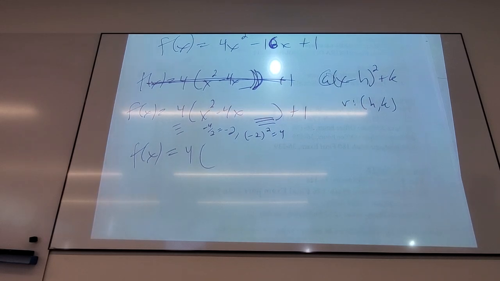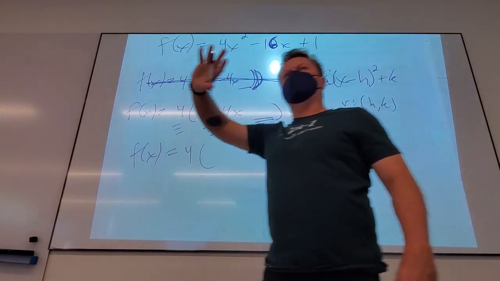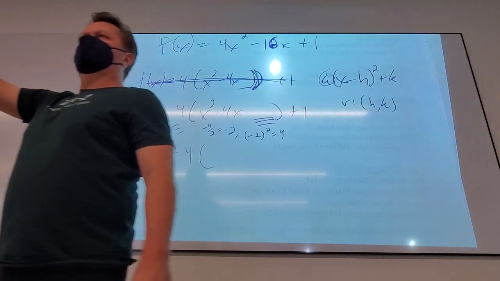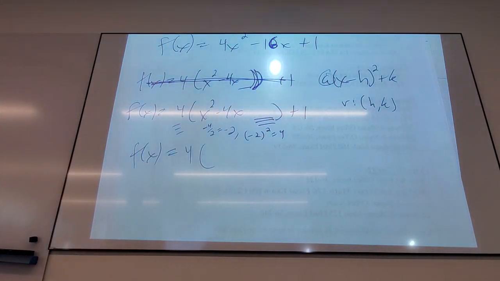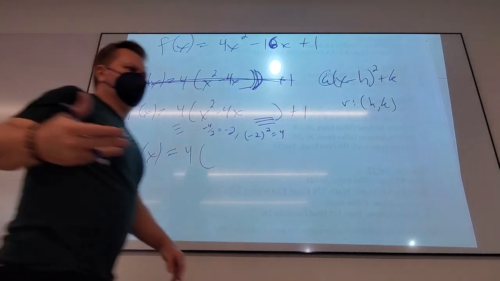Remember that? Cut the middle term in half and then square it. We talked about why that works. But now we can just use it because it works. So what do I do with that?